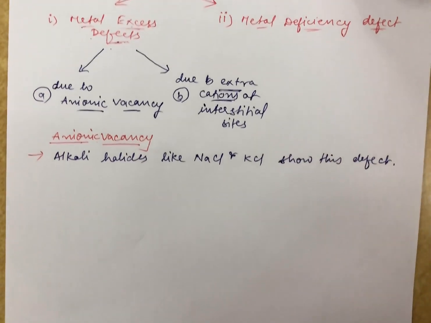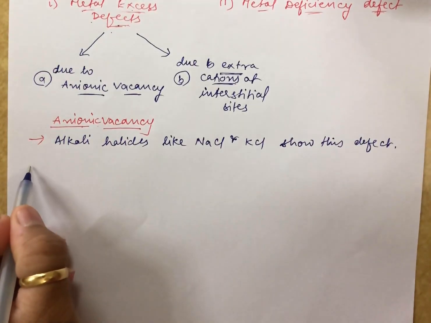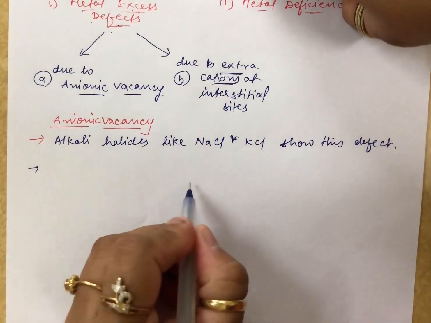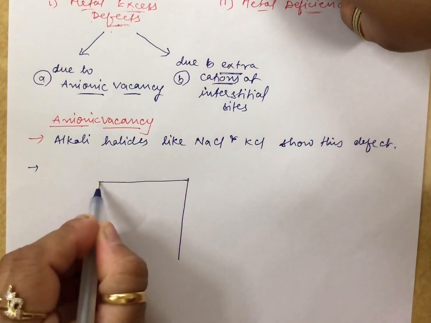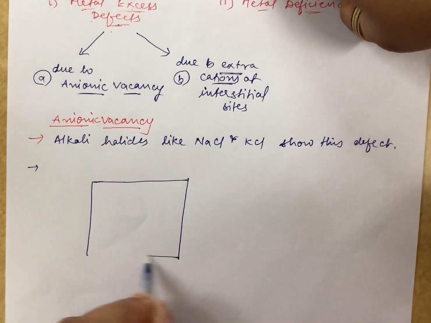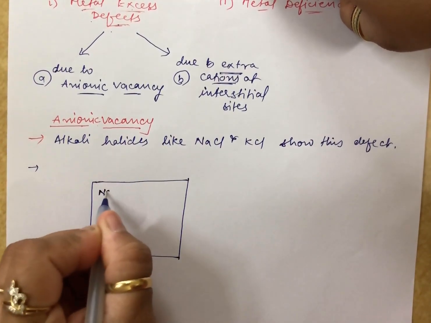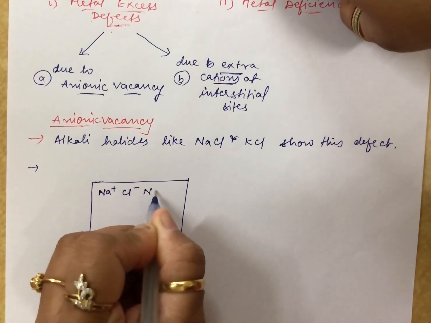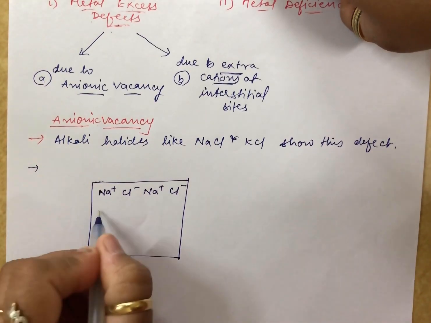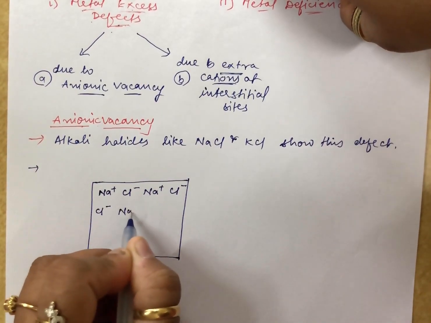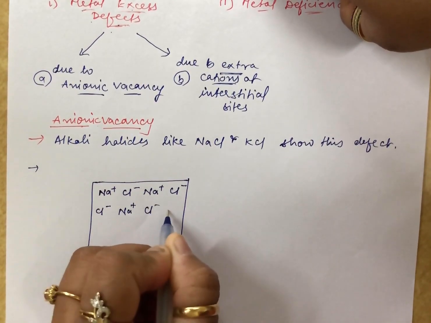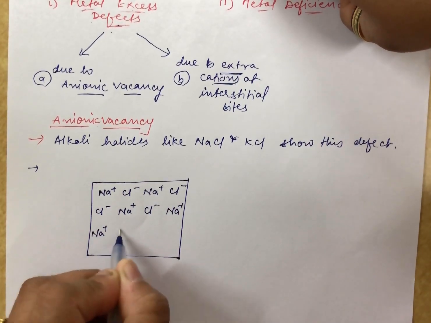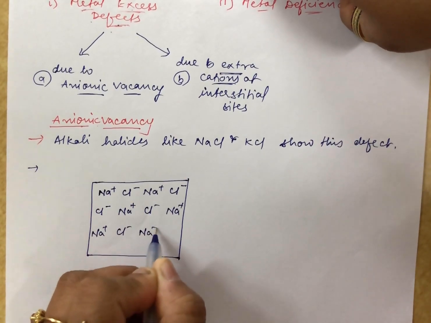Let us try to understand by taking an example. Let me show you the crystal of NaCl. Suppose in your crystal of NaCl you have Na+ Cl-, Na+ Cl-. I am just showing you how the ions are present in the crystal.